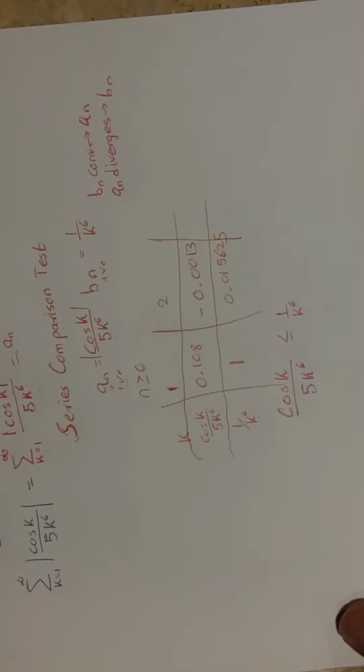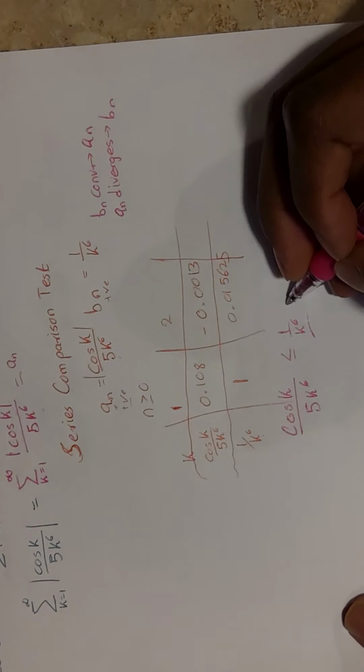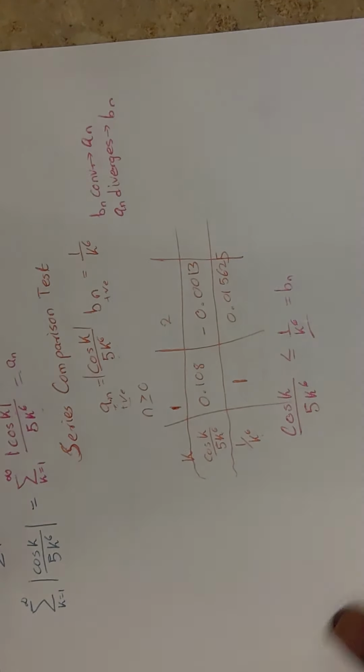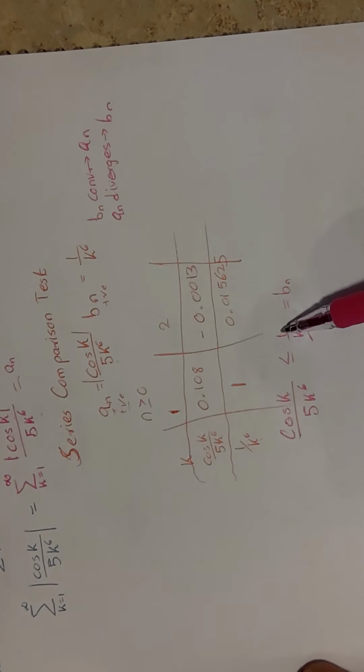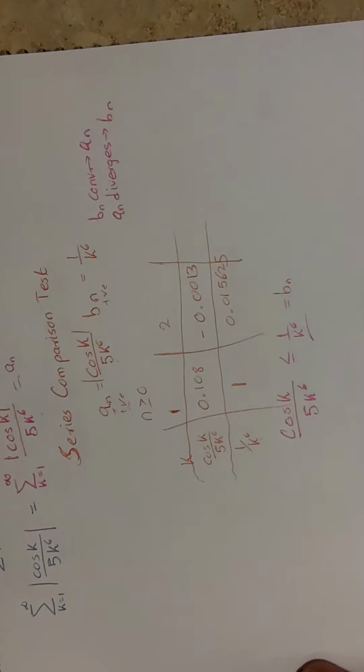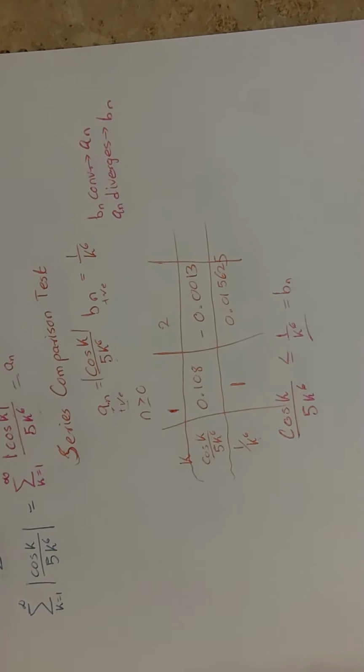So it's pretty much the same. In that case, remember this is the b sub n we chose. And so we've got to find the fate of this series over here. So on that note, let's see.